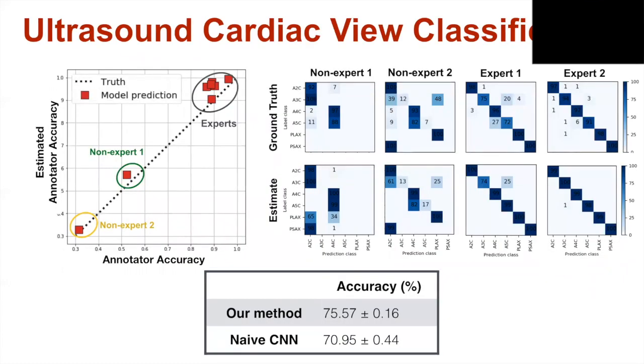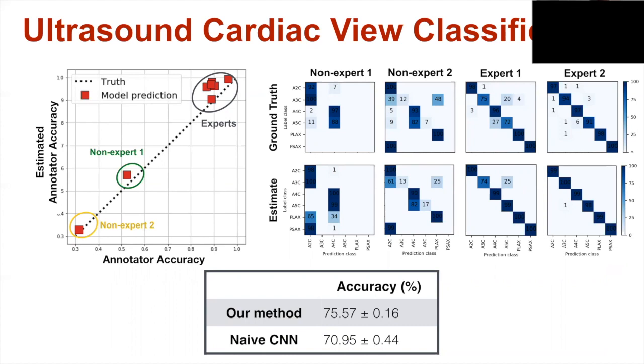On the top left is a plot between annotator accuracy and estimated annotator accuracy. And you can see that the non-experts were clearly separated from the expert cloud. The figure on the top right shows the pseudo ground truth confusion matrices compared with the estimates from our model.